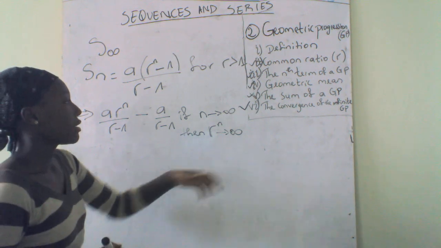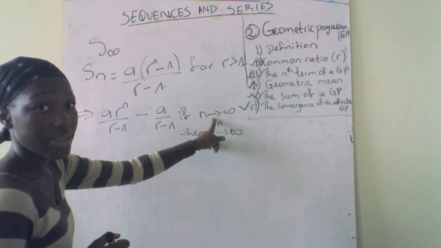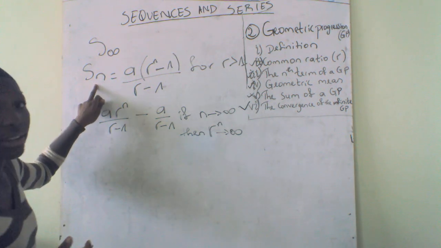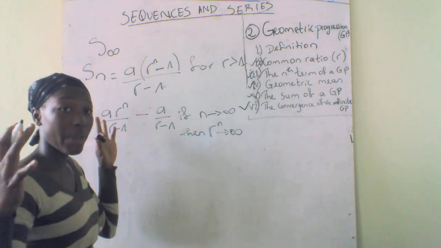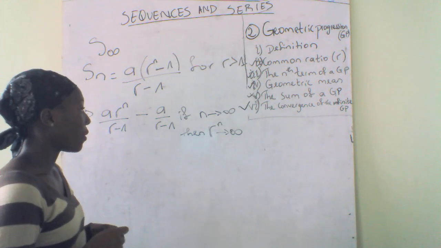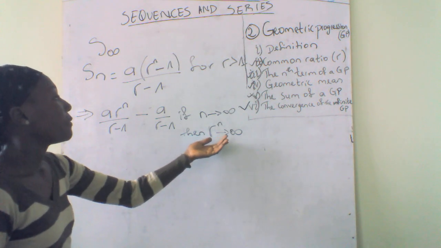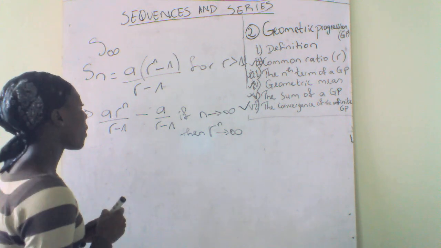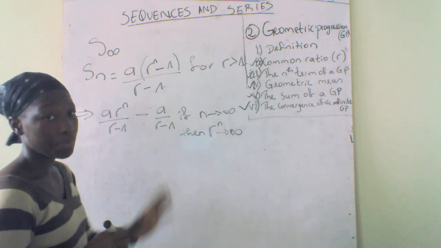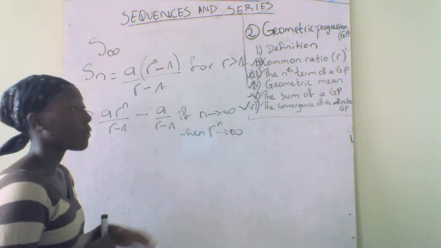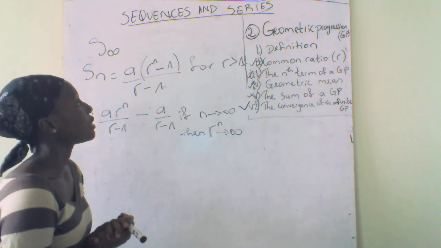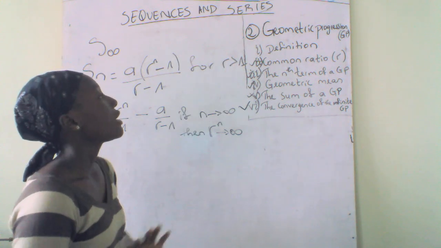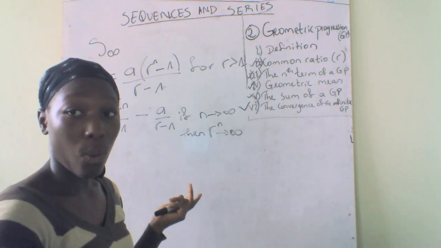And since, as n continues adding and adding, Sn, which is the sum, becomes very, very large, the sum to infinity cannot exist, and therefore the GP cannot converge. Therefore there is no sum to infinity. A GP does not converge for r greater than 1.